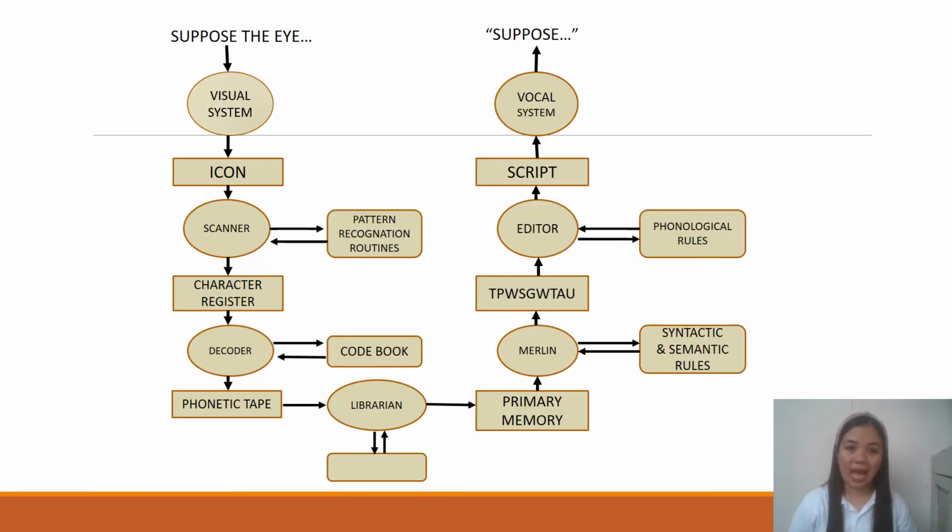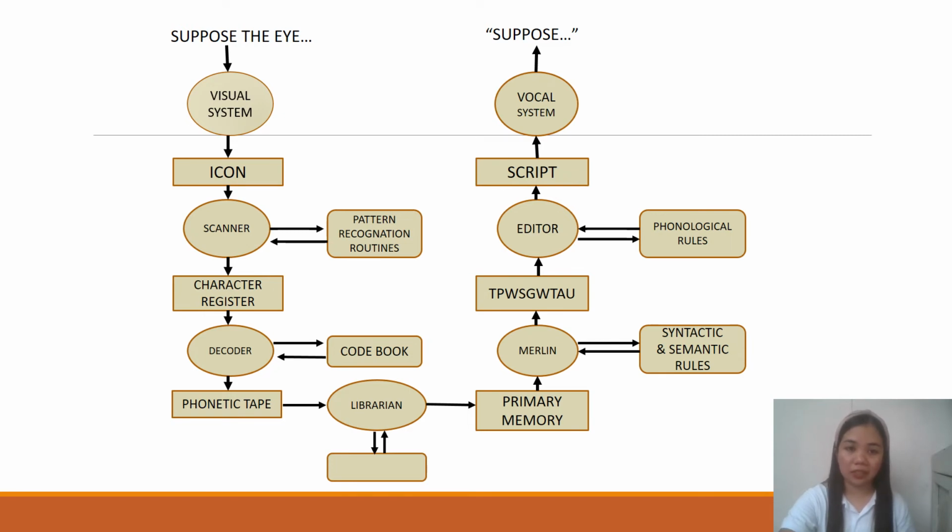But what happens within 1 second of this first fixation? Gough described it as follows. The print input enters the visual system and is registered as an icon, as yet unidentified, consisting of bars, slits, edges, curves, angles, and blobs. The icon is scanned and operated on by a pattern recognition device, the scanner, which identifies the icon as a series of letters.